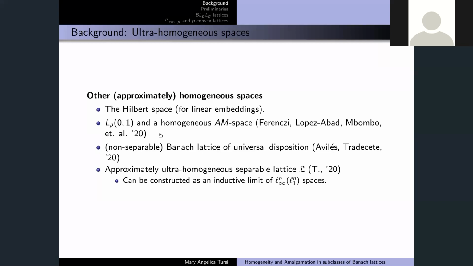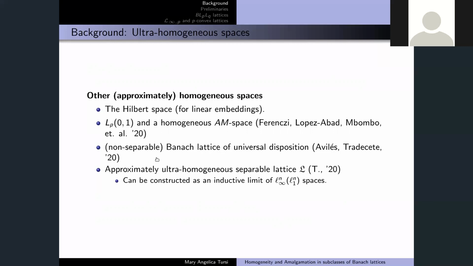For Banach lattices, if you limit your maps to lattice isometric embeddings, which preserve the lattice operations, you have L_p[0,1] approximately homogeneous for separable little l_p^n spaces. And then also the homogeneous AM space that corresponds to finite dimensional L_infinity^n spaces with this kind of homogeneity property.